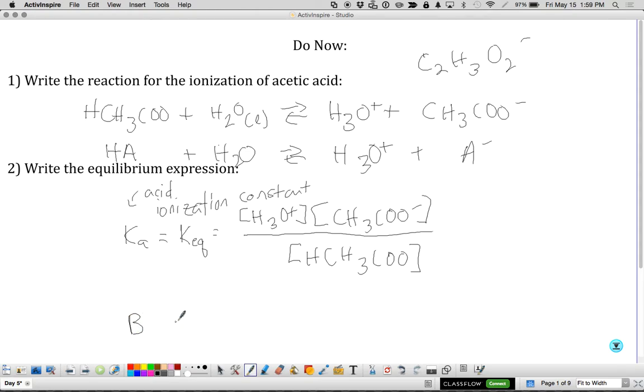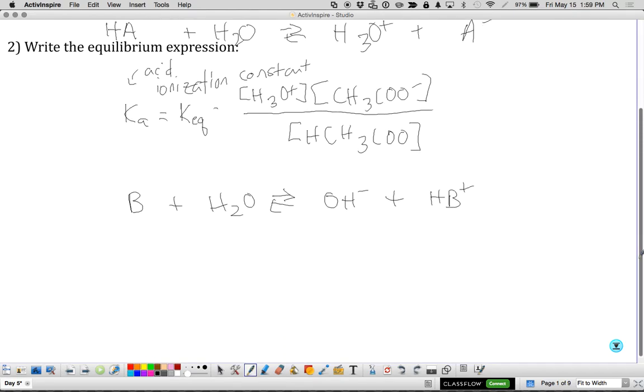I'll just start with B plus H2O yields OH minus plus HB plus. Notice that my charges balance out, as do my charges up here. Okay, so it's not going to be a whole lot of difference. The Kb would be OH minus times HB plus over B, and that's really it.